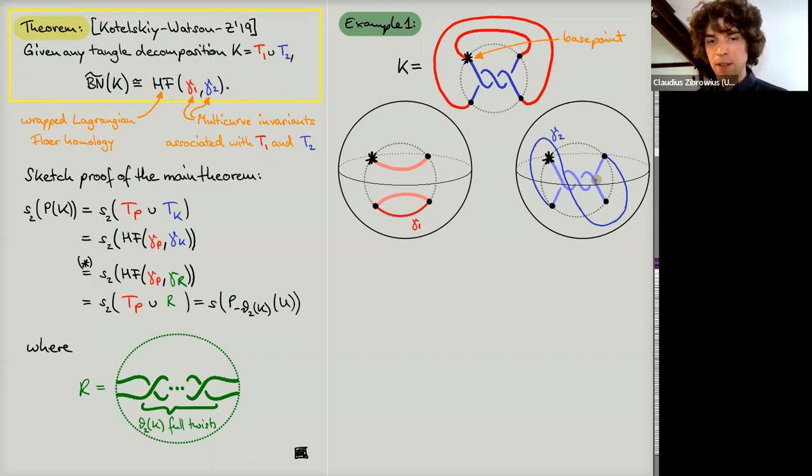Not just any 4-punctured sphere, namely the 4-punctured sphere which is the boundary of the 3-ball containing the tangle. So it's exactly as I've drawn them here. So this red curve here, this interval, is precisely the invariant of this trivial tangle. Okay, it looks very simple. And similarly, this blue curve, gamma 2, that is the invariant that we associate with this 3-twist tangle.